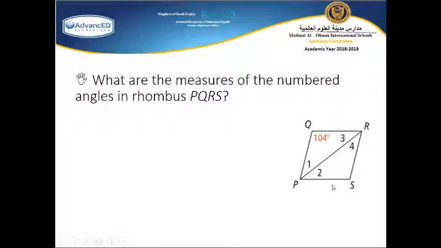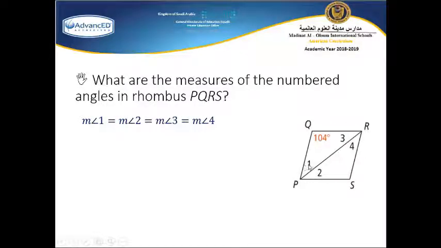Because this is a parallelogram and each two opposite angles are congruent, the measure of angle P equals the measure of angle R, and the diagonal PR bisects the opposite angles. Then the measure of angle 1 equals angle 2 equals angle 3 equals angle 4.